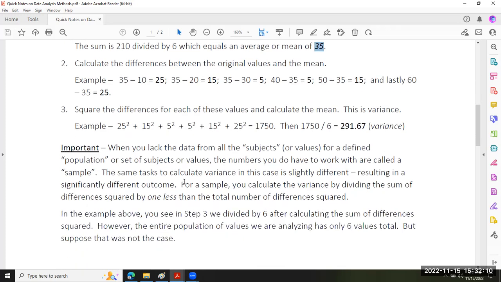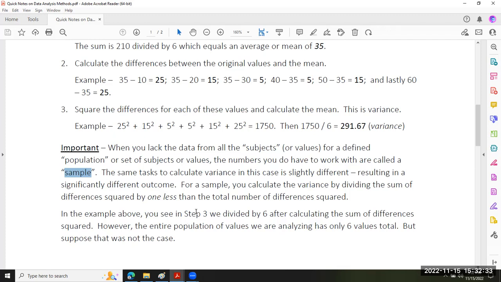Now, when you lack data from all the subjects for a defined population, the numbers that you have to work with are called a sample. This is a really important concept, right? So there are plenty of times in a scientific exploration, in research, we don't, for one reason or another, we don't have a complete set of data.